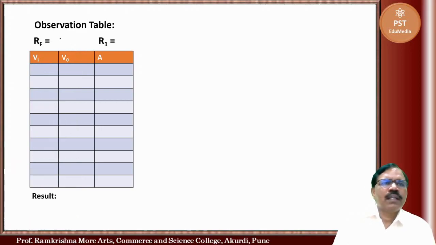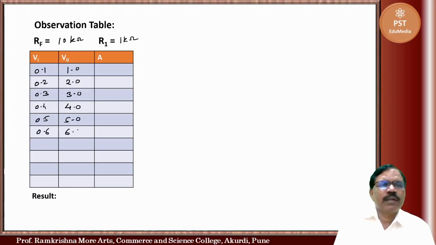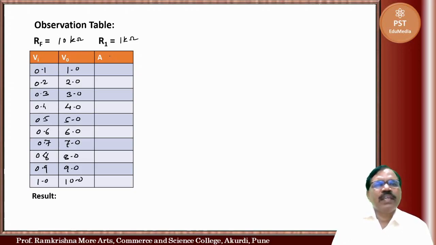So for 10 kilo ohm and 1 kilo ohm, RF and R1, if we take 0.1 we got 1.0, if we take 0.2 we got 2.0, 0.3 we got 3.0, 0.4 we got 4.0, 0.5 we got 5.0, 0.6 we got 6.0, 0.7 we got 7.0, 0.8 we got 8.0, 0.9 we got 9.0, 1.0 we got 10.0, and A is equal to V0 upon Vi.